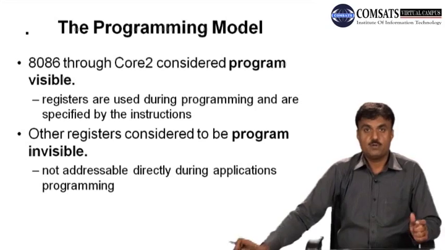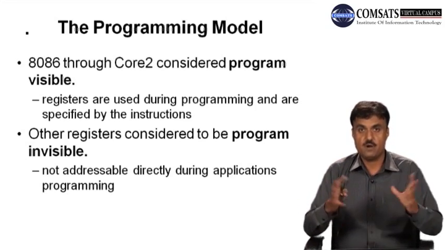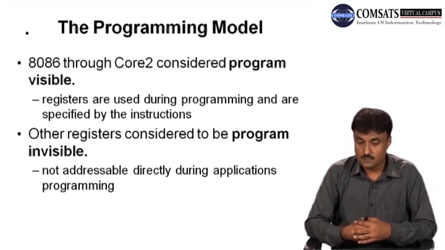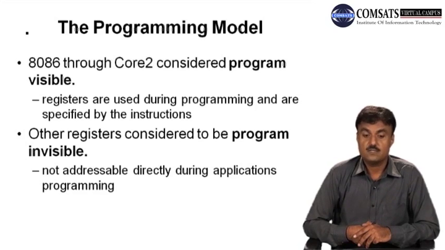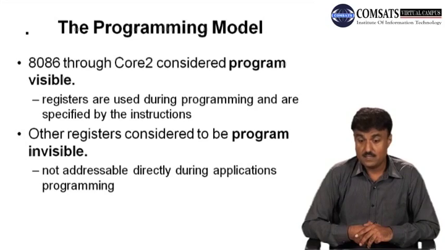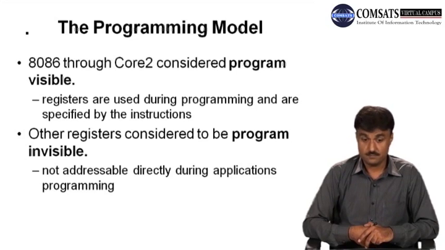When we talk about the programming model, we are talking about these registers. The 8086 through Core 2 considered the program visible section. This section consists of the registers that are used during programming and are specified by the instructions. So we use all those registers inside the instructions.